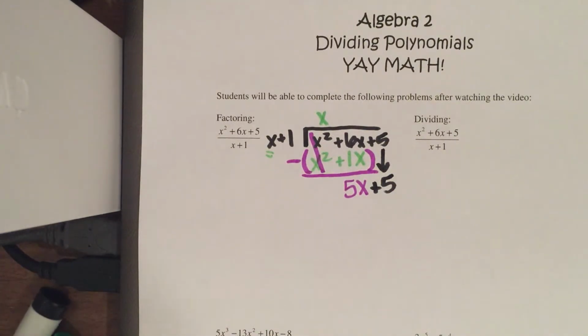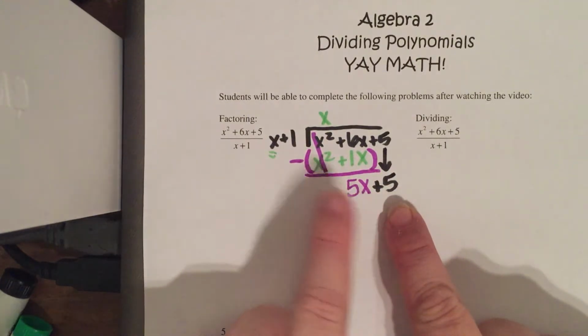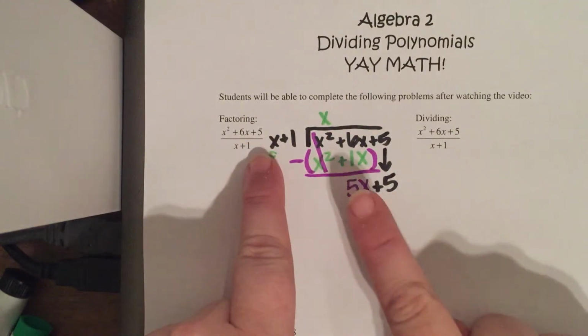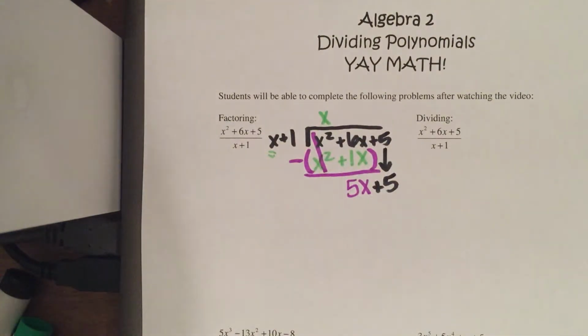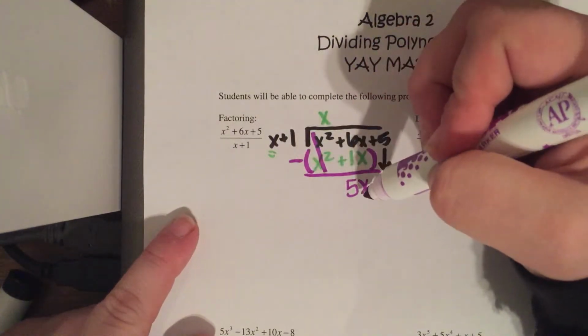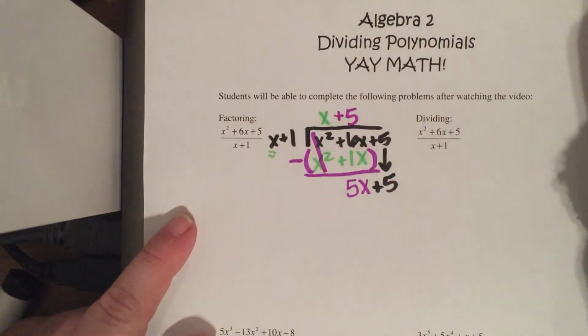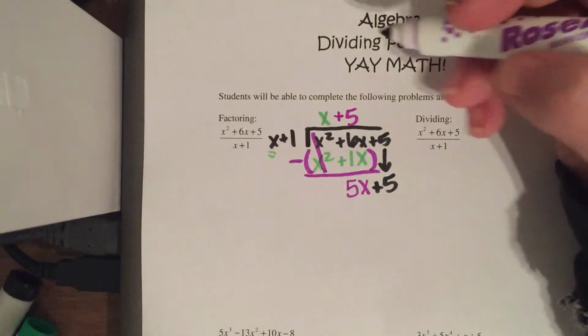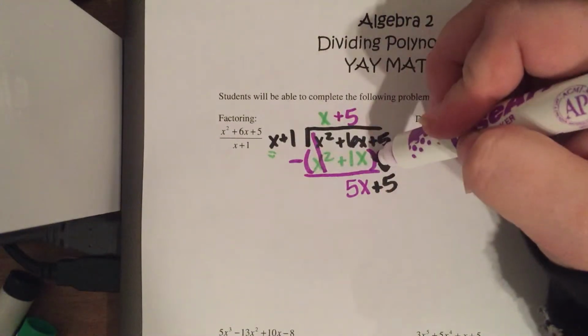Okay, so now I've got a new set of numbers that I need to see. X times what gets me 5x? X times what gives me 5x? Well, I bet you already know. X times 5 gets me 5x, so plus 5. So now I have already distributed the x right here and got these terms.